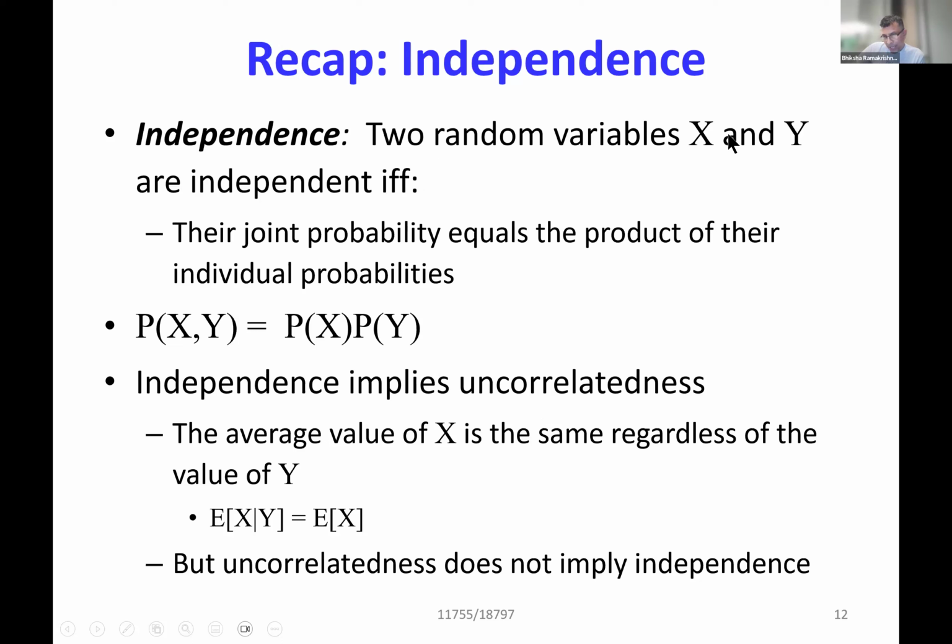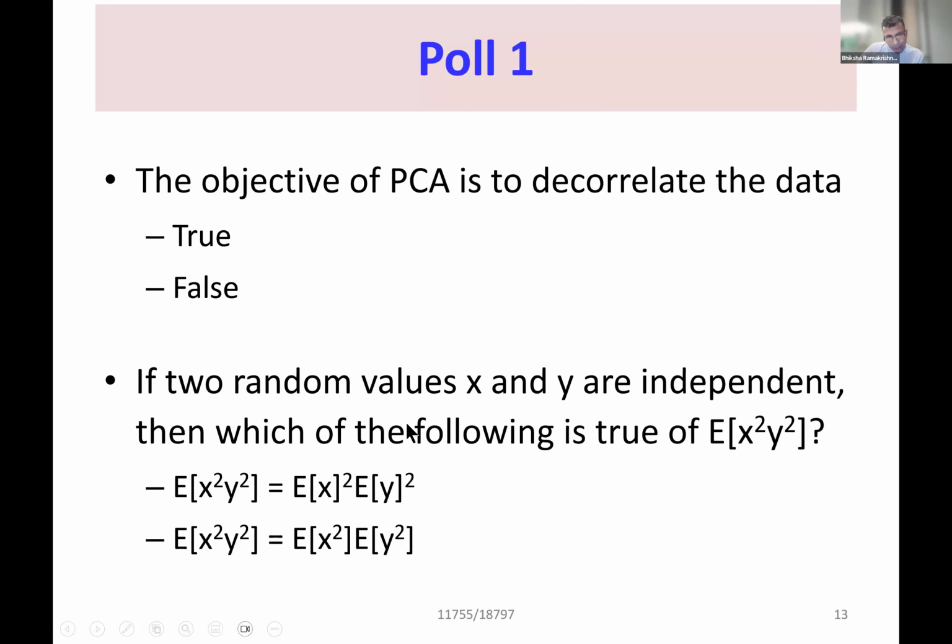Two random variables X and Y are independent if the joint probability of X and Y is simply the probability of X times the probability of Y. And if this holds, then this also means that the average value of X is the same regardless of the value of Y, because X doesn't inform about Y. And so independence implies uncorrelatedness, but the reverse is not true. We also saw this in the last class.